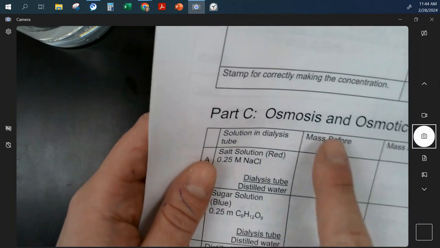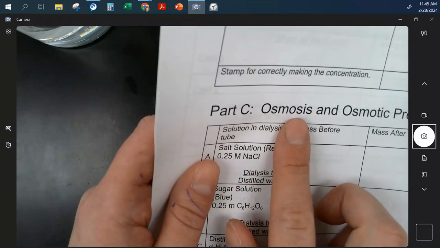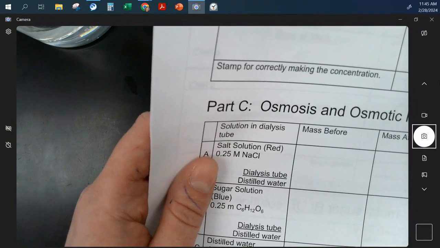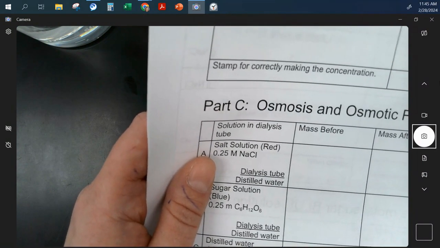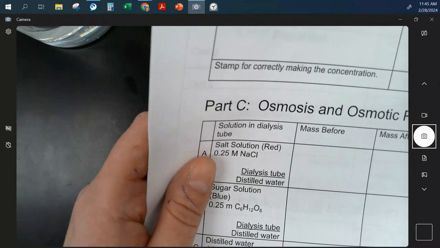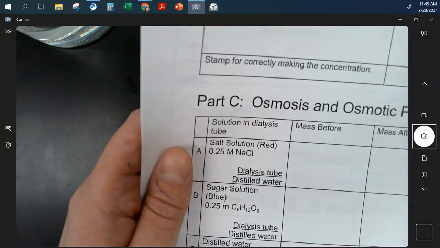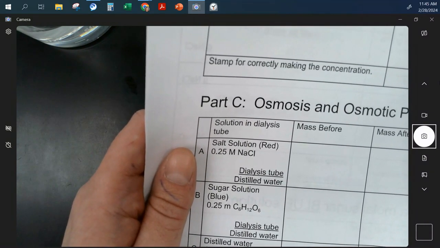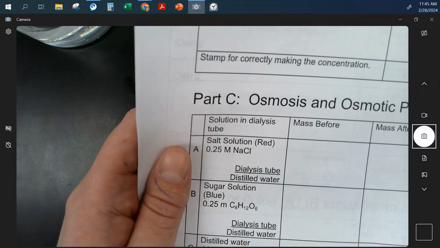Before you put them in the solution, you have to find the mass before and the mass after. The point is, osmosis is going to change the mass. So do you remember how osmosis works? It has to do with cells. Cells use that a lot. Osmosis means that things will go from a high concentration to a low concentration spontaneously.